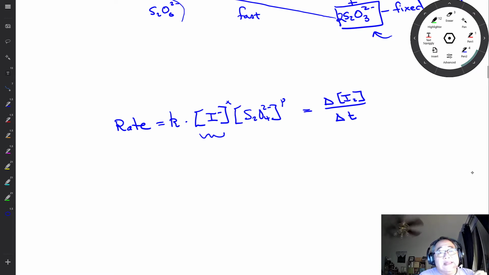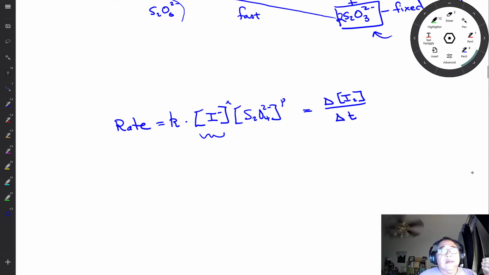Now, if it's a 1-to-1 correspondence in the change, then it's first order. So if I double the iodide, I should double the rate, for example. But if it's second order, if I double or halve the iodide, it'll be either quadruple or become 1/4. And then if it's zero order, there's no change. So you'll change the concentration and you won't see a change in the rate.